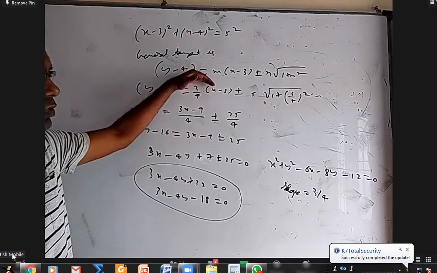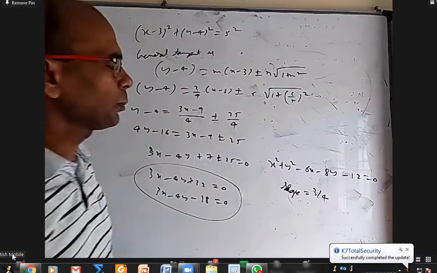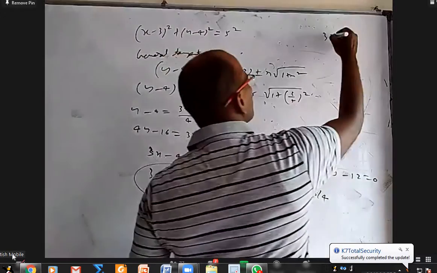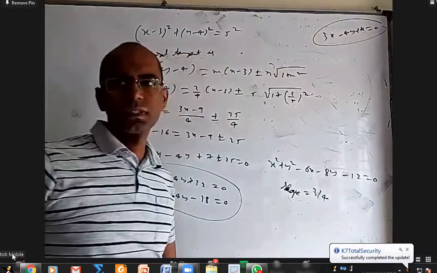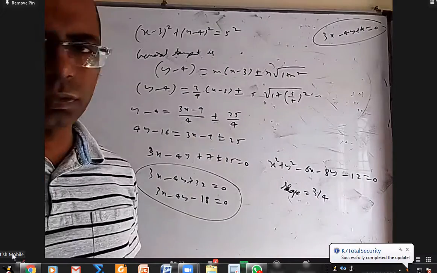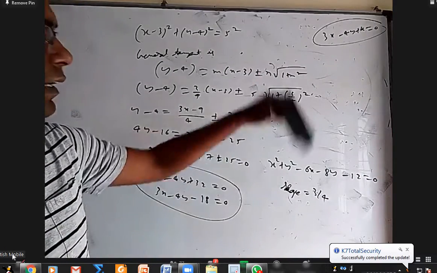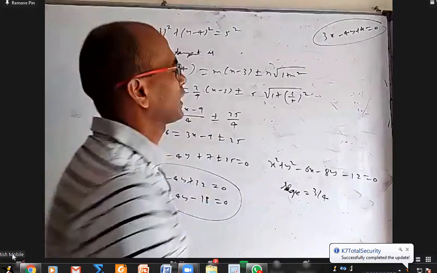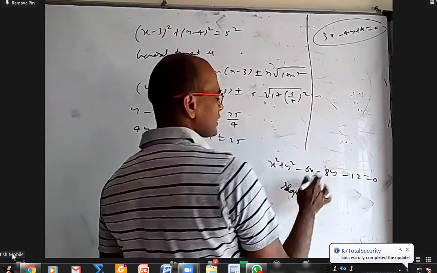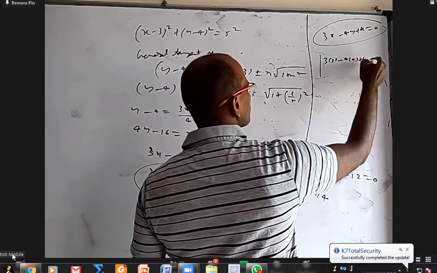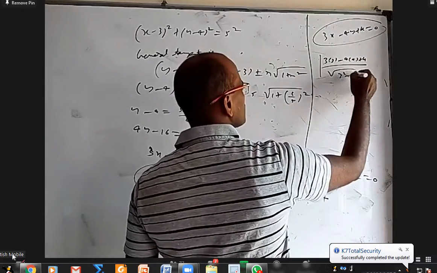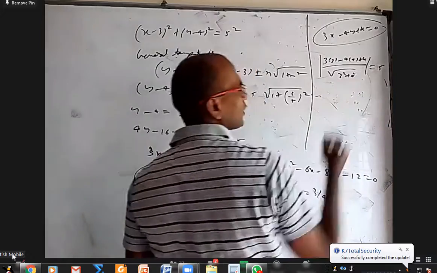If you don't want to use this, any line with slope 3 by 4 will be in the form 3x minus 4y plus k equal to 0. This is a general line with slope 3 by 4. How to find k? From the center, perpendicular distance equals radius. What is the center? 3, 4. So mod 3 into 3 minus 4 into 4 plus k, by root over 3 square plus 4 square, equal to radius 5.